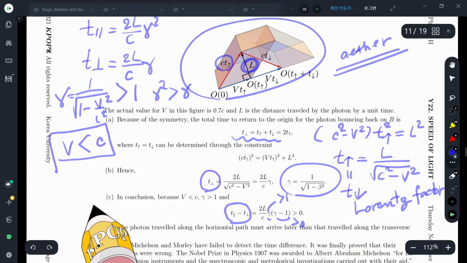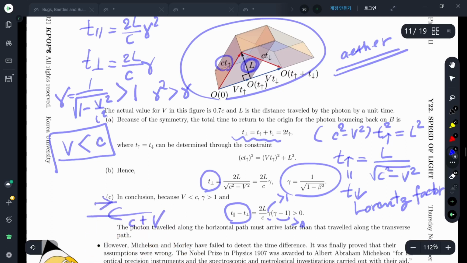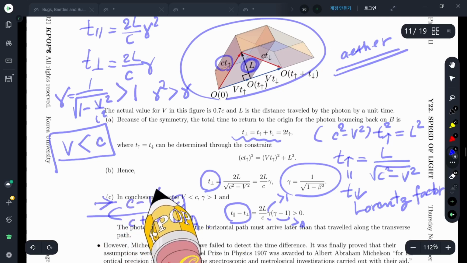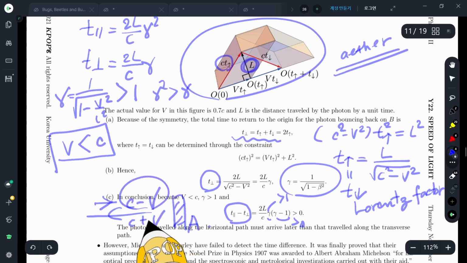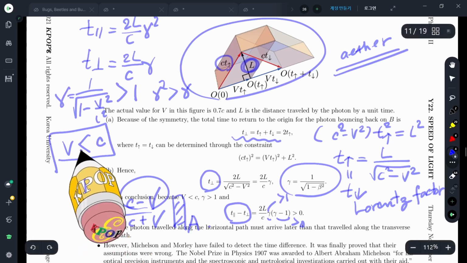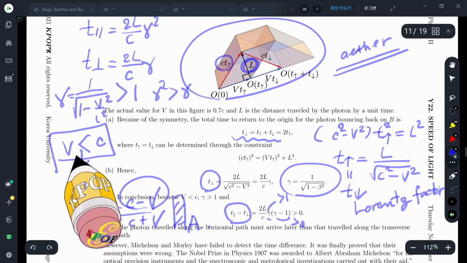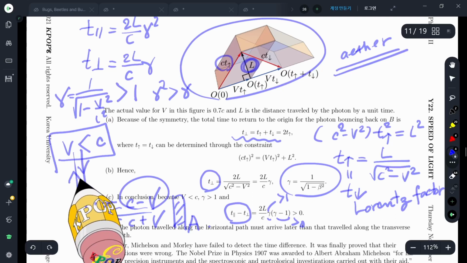In the longitudinal direction, when it returns, it comes back very fast, but when it goes further to reach the mirror at point A, it slows down. This is the reason why it takes a longer time than when we travel along the transverse direction.